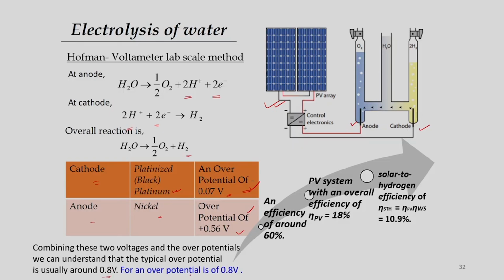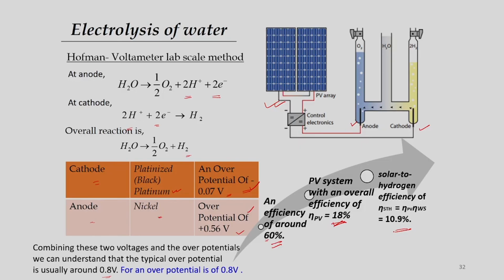For an over potential of 0.8, then an efficiency of around 60% will be there in that conversion system, and if we consider the PV conversion efficiency is 18%, then solar to hydrogen efficiency will be multiplication of 0.18 and 0.6. What we will get is about 10.9%.